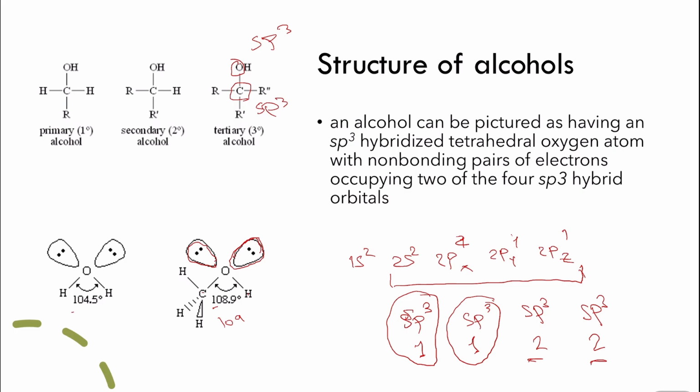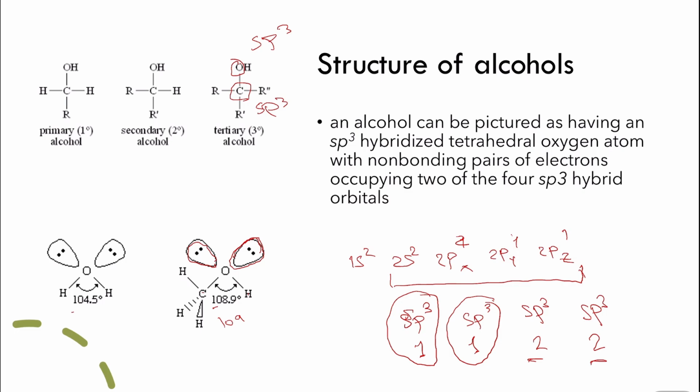The angle will depend on the molecule trying to get the atoms or the bonds as far away from each other as possible to inhibit the repulsion between the electrons in the bonds. So this is the hybridization state of the carbon and oxygen in alcohols.